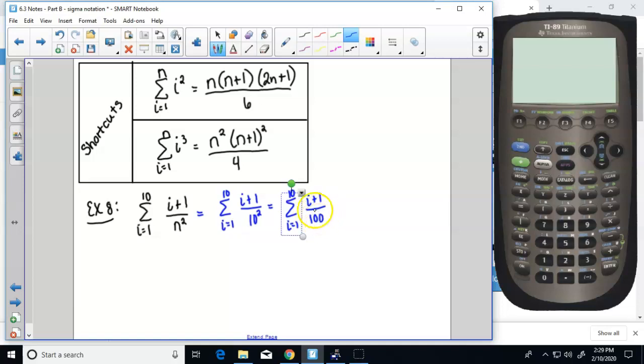And since this is just a constant, I could pull it out front. It still has to be in the denominator, so it would be 1 over 100 times the sum from 1 to 10 of i plus 1.